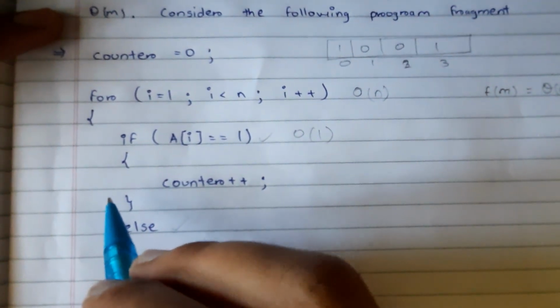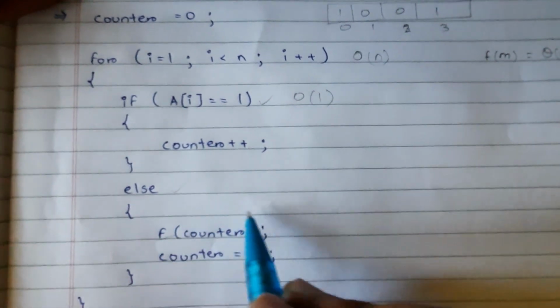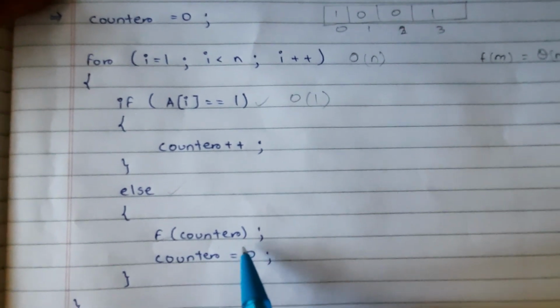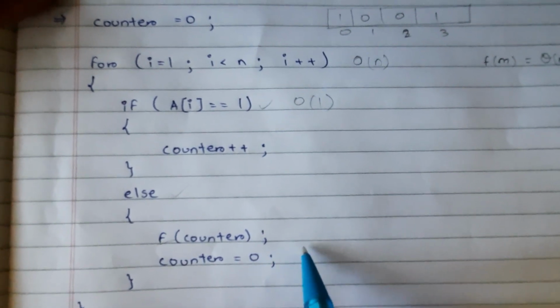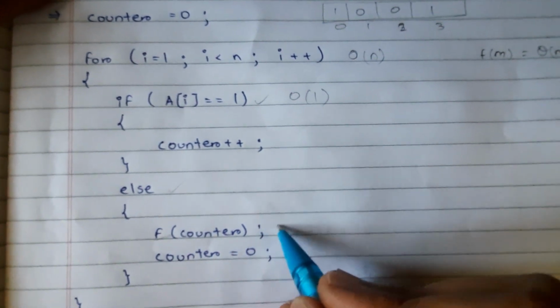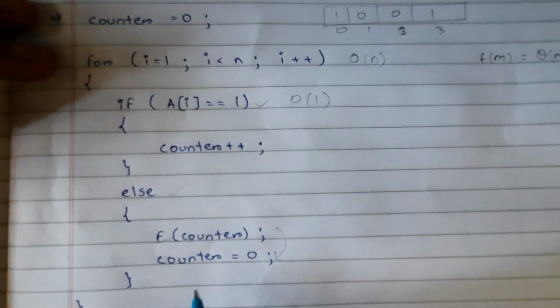If the element is 0, let's focus here, this is the main part. If the element is 0, the program fragment calls the function f, and the next thing is it resets the counter integer to 0.